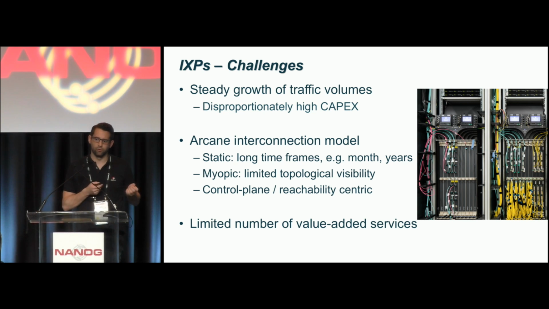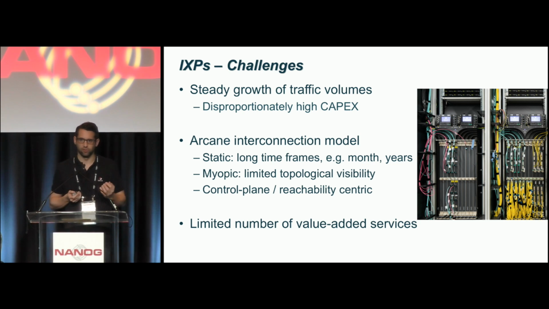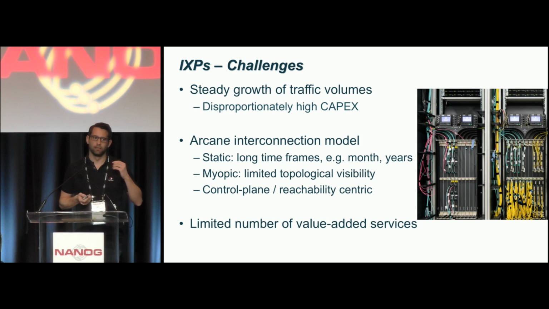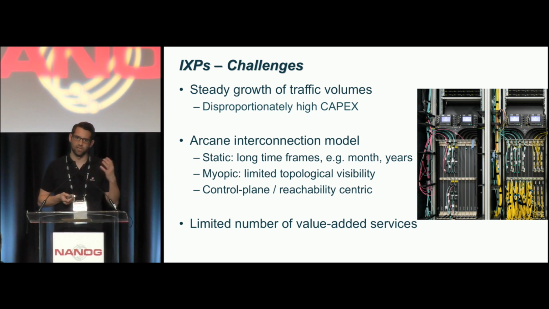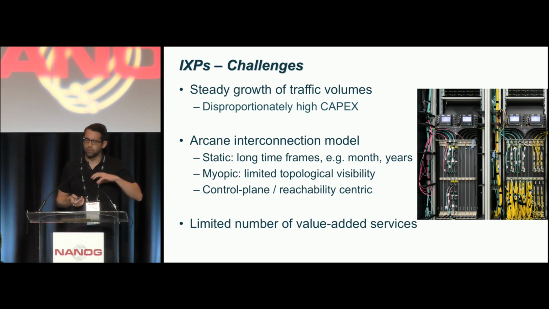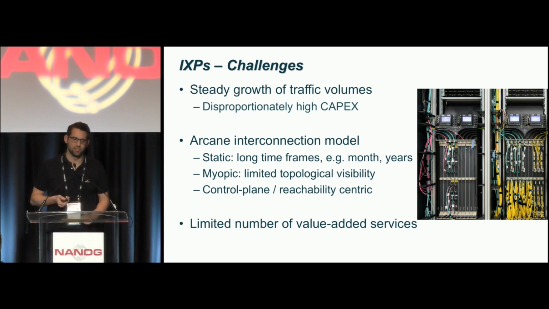We also have a control plane and reachability-centric setup, which does not account for other values or other information. Sometimes people get around this by adding new features to BGP, extending the protocol, or using communities to signal additional information towards customers, IXPs, or whatsoever. And in this setup, it is quite hard to come up with new services or value-added services, since we always have to deal with the stuff which is there, like BGP and the static sort of topology setup.